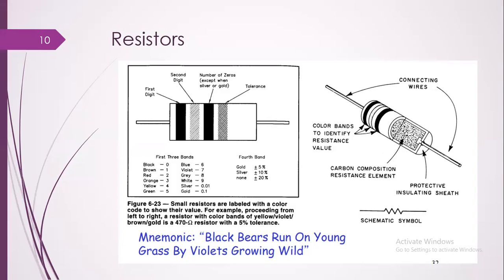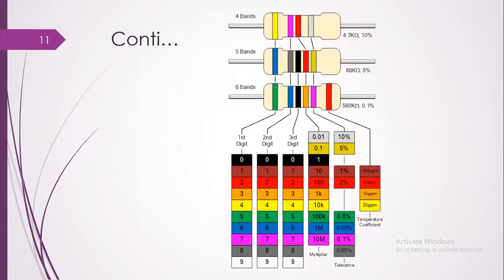Resistors are one of the three basic components, the others being the capacitor and the inductor. The resistor is derived from the concept of the opposition effect of current, which is called resistance. We call this component a resistor. So in the previous session, we discussed the concept of the resistor.